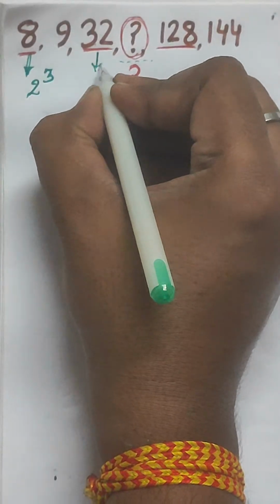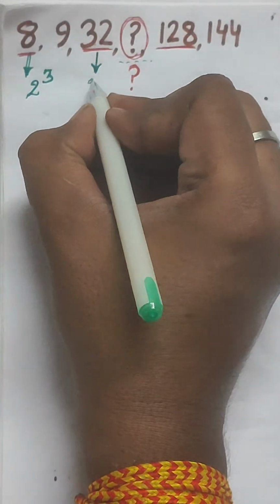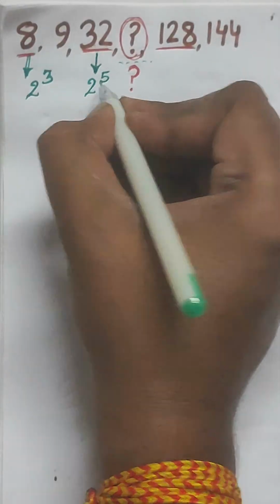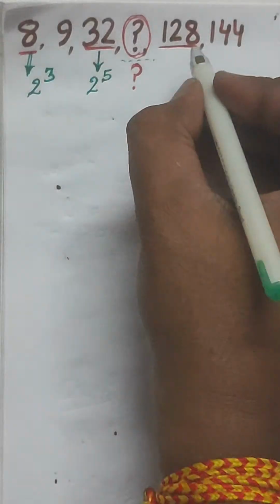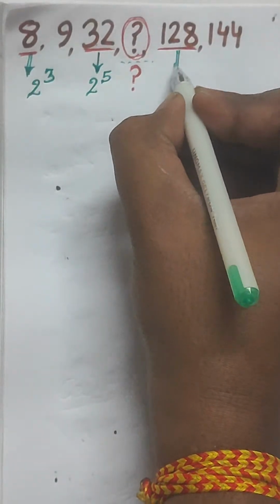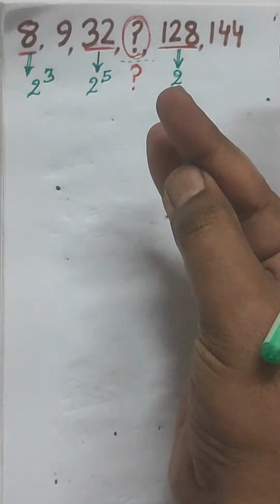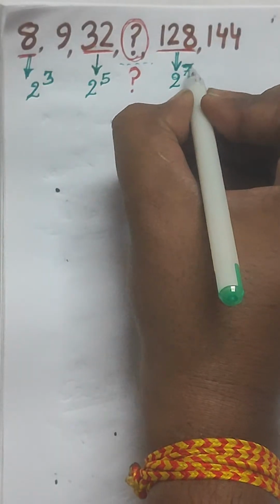All are multiples of 2, and 32 can be written as 2 power 5. Similarly, 128 can be written as 2, 4, 8, 16, 32, 64, 128, so 2 power 7.